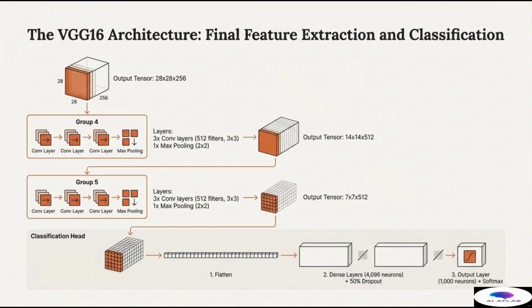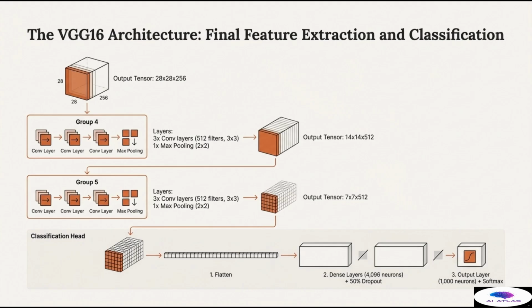We now continue through the final stages of feature extraction and into the classification head of VGG16. Groups 4 and 5 represent the deepest convolutional sections, where the most abstract features are extracted. In Group 4, we use 3x3 convolutional layers, all employing 512 filters, reducing the spatial dimension to 14 by 14.